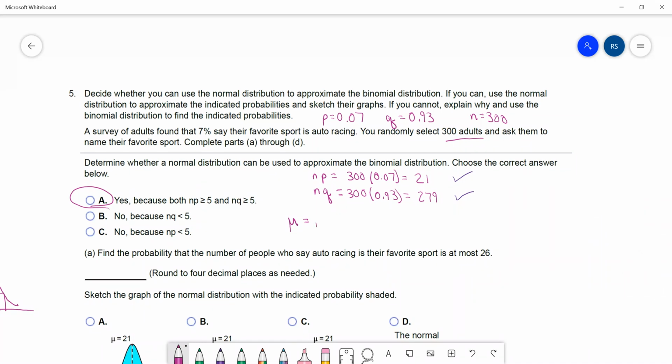So our mean is n times p, which we already said n times p is 21. And our standard deviation is the square root of n times p times q. The square root of 300 times 0.07 times 0.93.